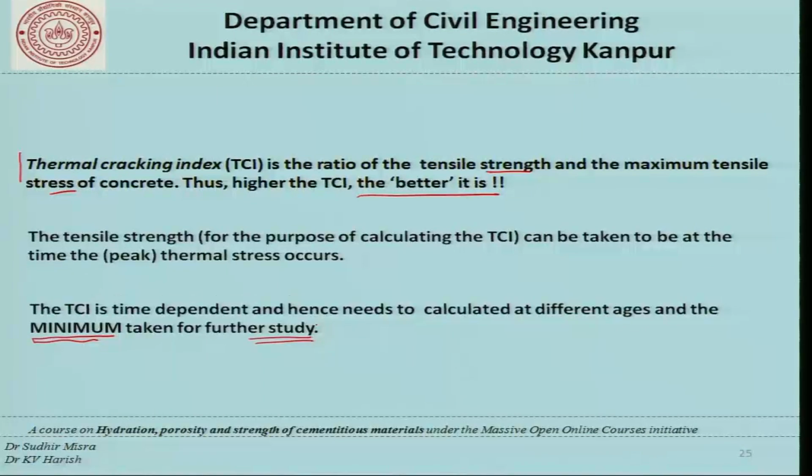This aspect we had talked about a little earlier when we said that the tensile strength and the tensile stress are both functions of time, and therefore, if we are comparing the two, we must make sure that we carry out that comparison over the entire period of time that is of interest to us and find the minimum value, because that is what should govern our design considerations.